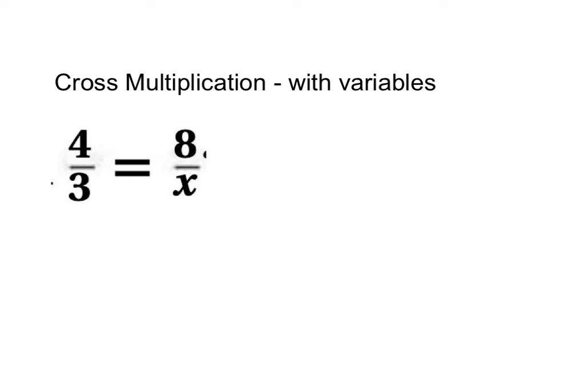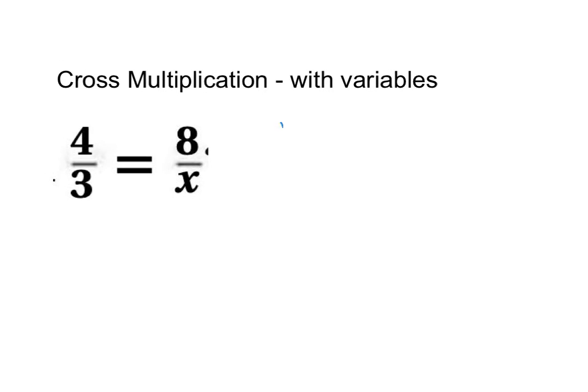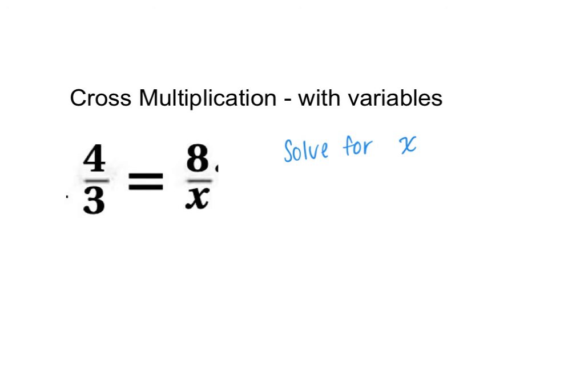Okay, cross multiplication with variables. In this case, what we want to solve for is x. Whenever we see a proportion like this, all you're going to do is start with that cross multiplication. So let's start with the 4 and the x that get circled.